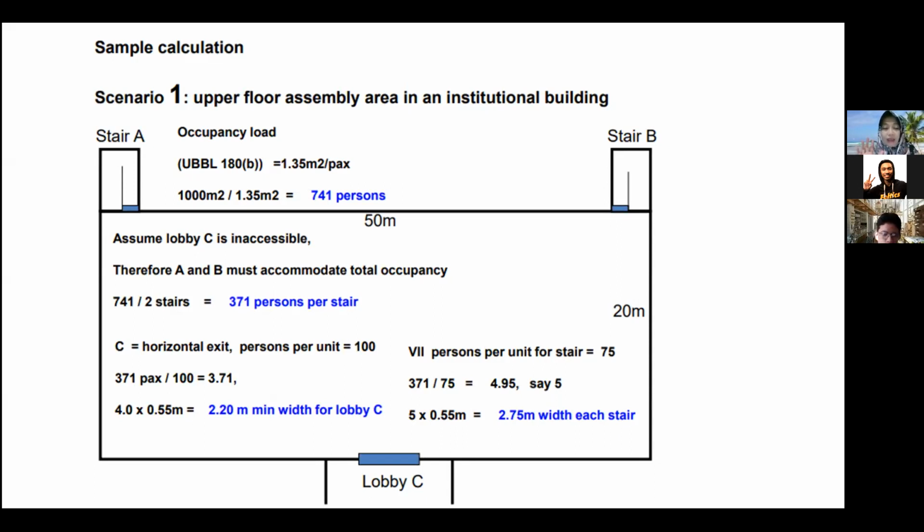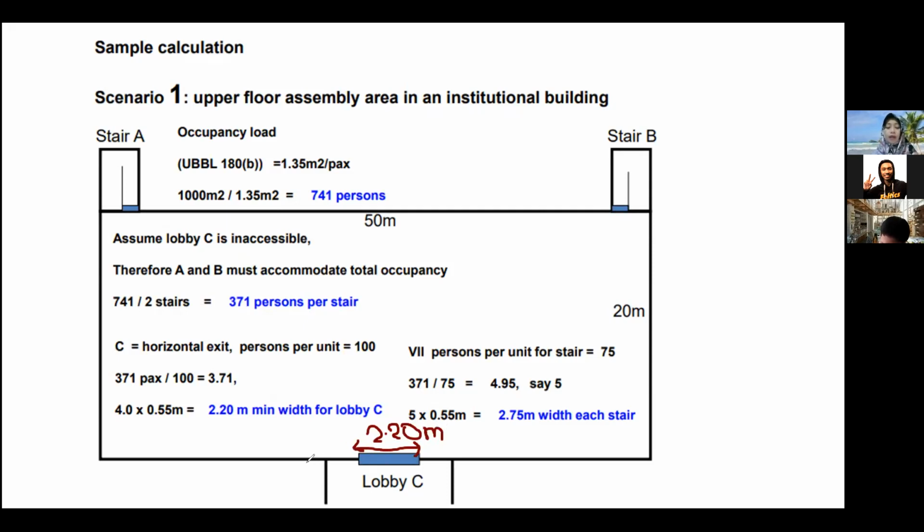So 3.71 is almost 4; you round the calculation to 4. 4.0 times 0.55 meter is 2.20 meter, the minimum width for the lobby. You need to design the width here at about 2.20 meter.